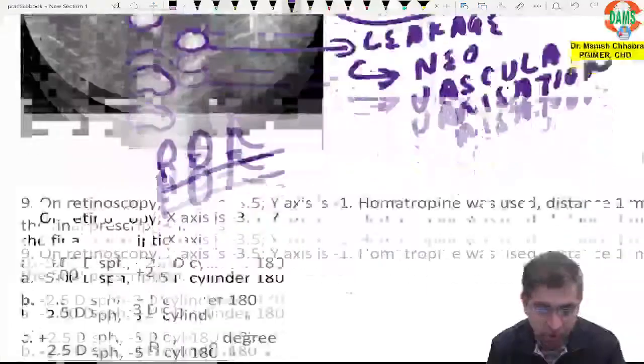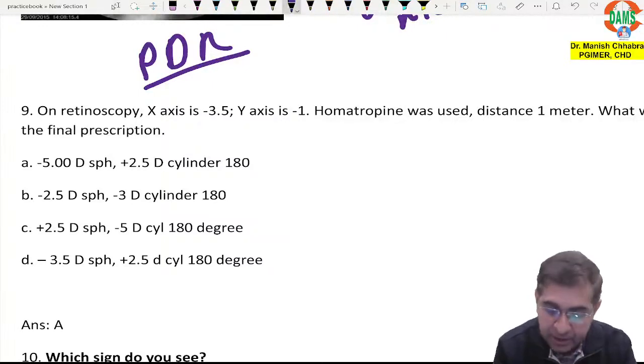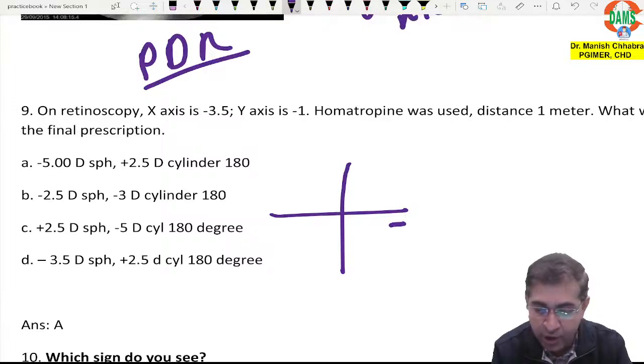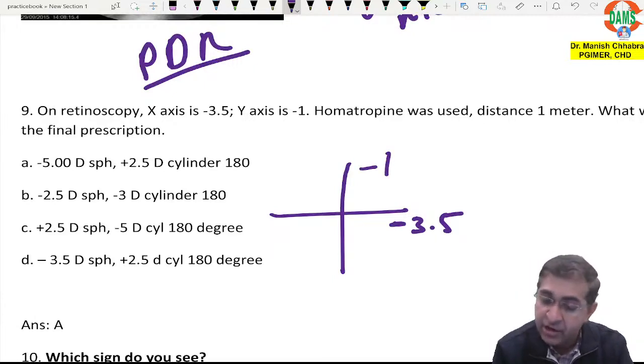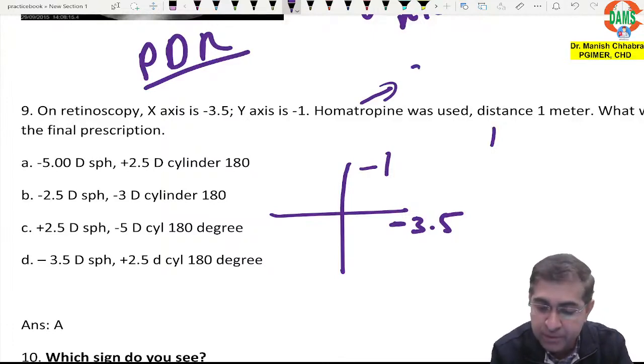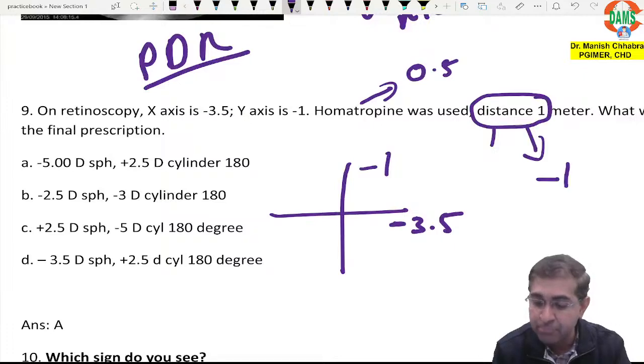Okay, now coming over to the next question. The next question is kind of tricky. I am sure you will be able to tell me. Now on retinoscopy, let's first make the diagram. On retinoscopy, at x-axis, the point of neutralization was -3.5 and at y-axis it was -1. And we used homatropine, and the corrective factor for the homatropine is 0.5, while the corrective factor for 1 meter is -1.